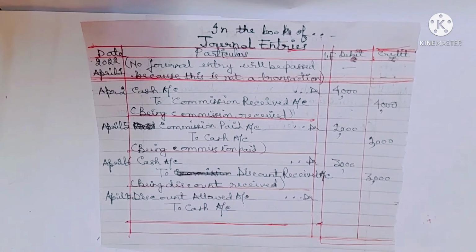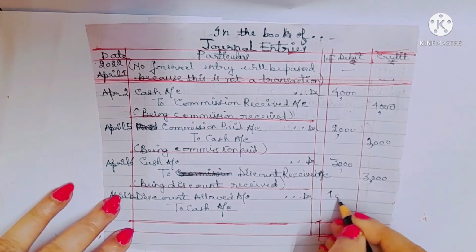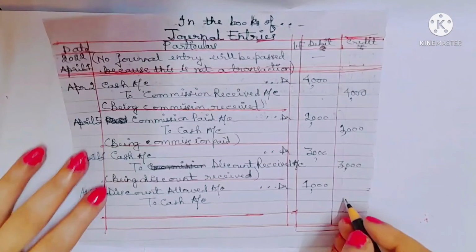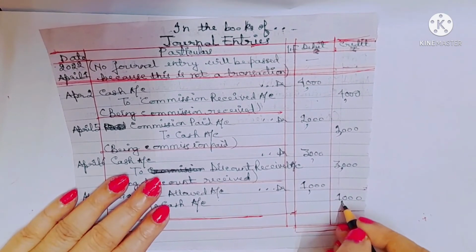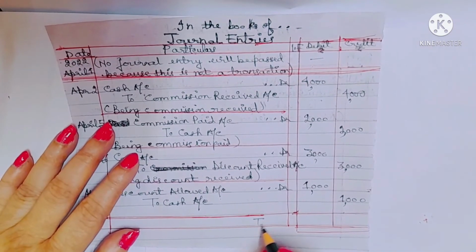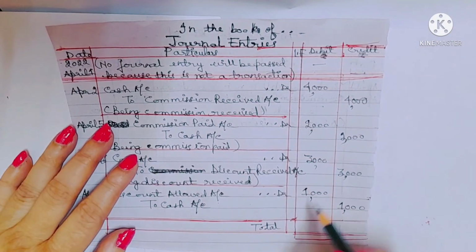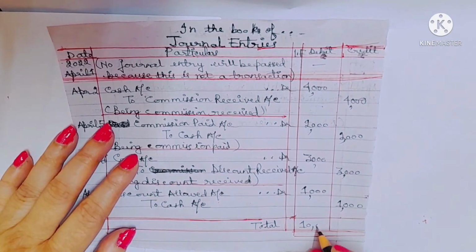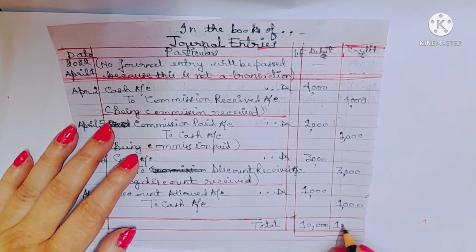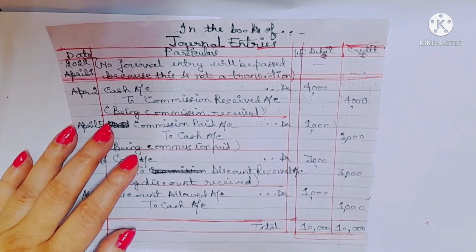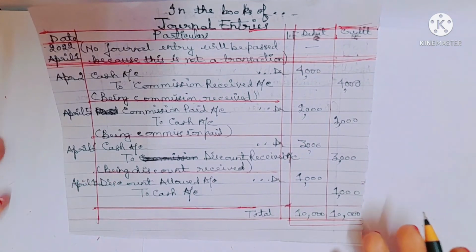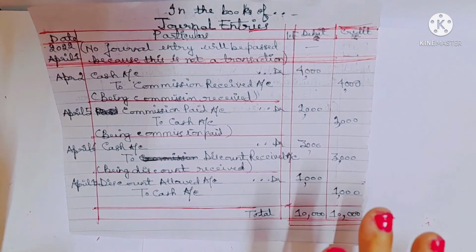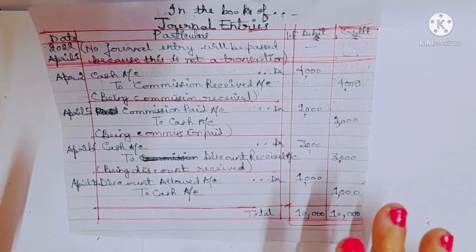How much? 1,000. So what is the total? 10,000. Okay. So here's the journal. Ready? Understood? Clear? Okay.